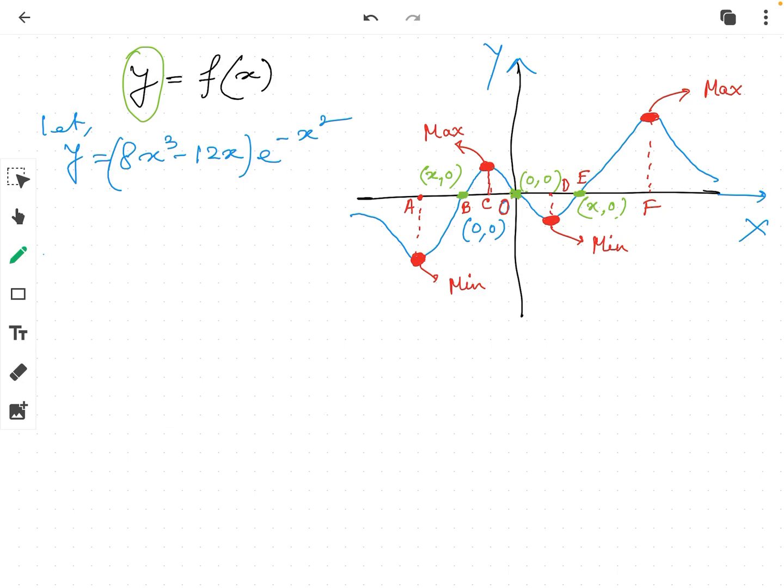So here the total number of extrema is equal to maxima, right? 2 maxima plus 2 minima. So total number of extrema is 4, right? Total number of extrema is 4.